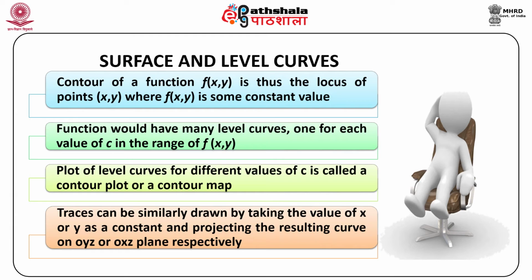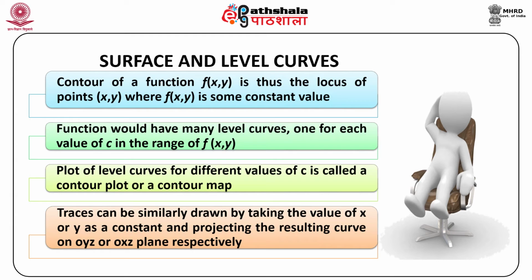A given function would have many level curves, one for each value of c in the range of f(x, y). A plot of level curves for different values of c is called a contour plot or a contour map.